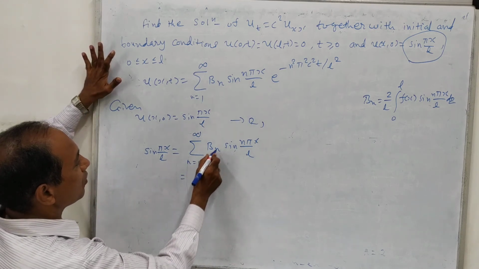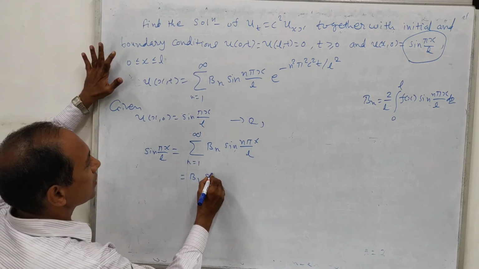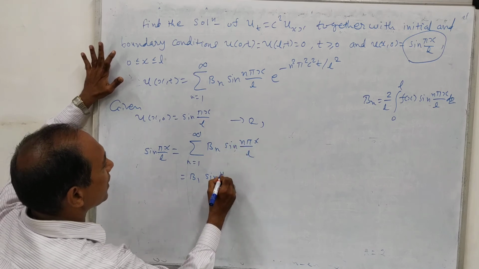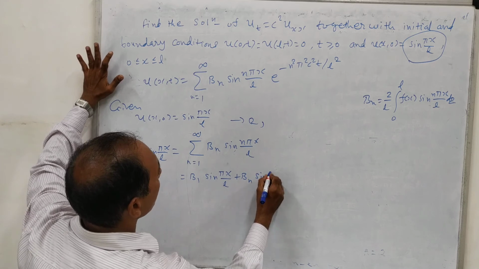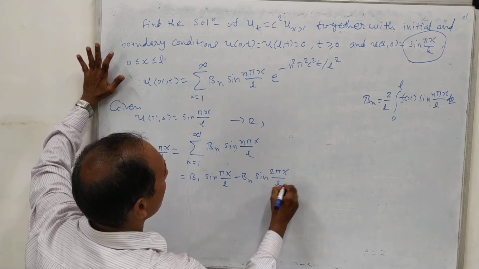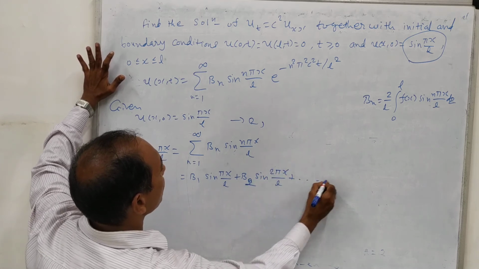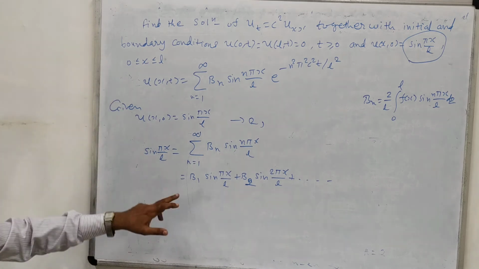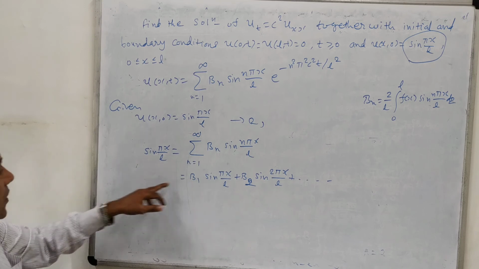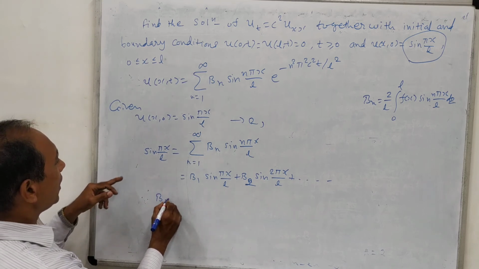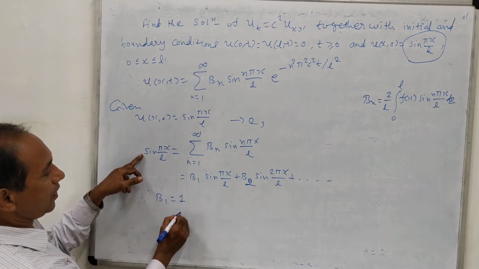So we put n equal to 1 here, b1 sine pi x upon L, plus b2 sine 2 pi x upon L, plus b3 and so on. So we need to compare on both sides. Here sine pi x upon L has the coefficient b1, and on the left side the coefficient is 1.